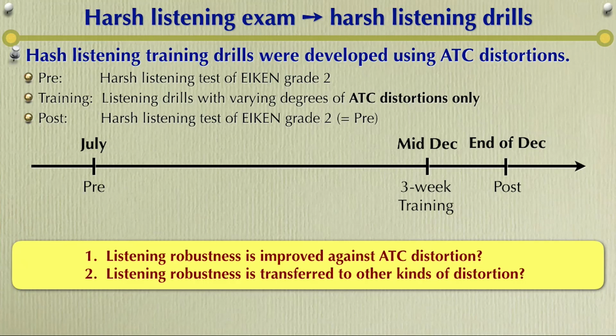We had two questions. First, is listening robustness improved against ATC distortions? In the drills, only ATC distortions are used, so we hope ATC robustness can be improved. The second question is whether the listening robustness can be transferred to other kinds of distortion.